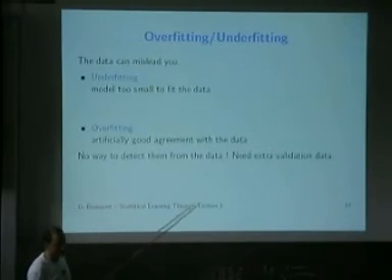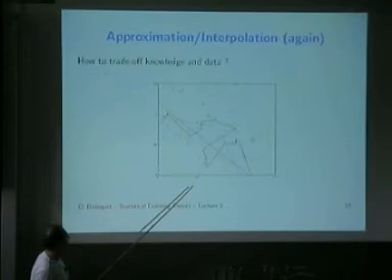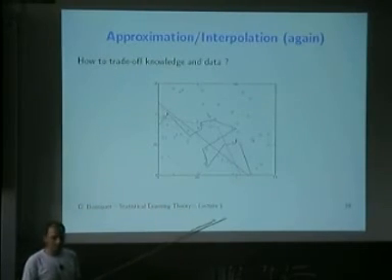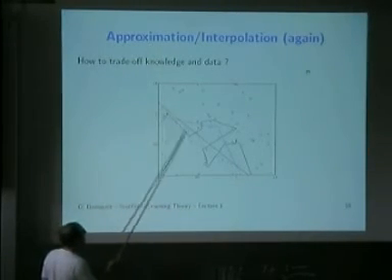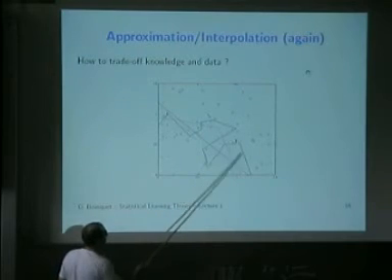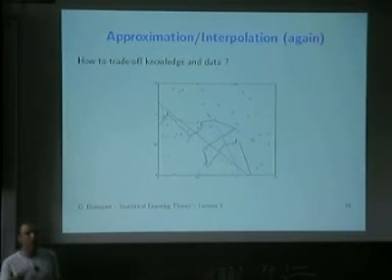And overfitting, on the other hand, is that you're allowing too many possible functions, and you find this complex function here. Well, of course it fits the data, but it fits it too well to be true somehow.